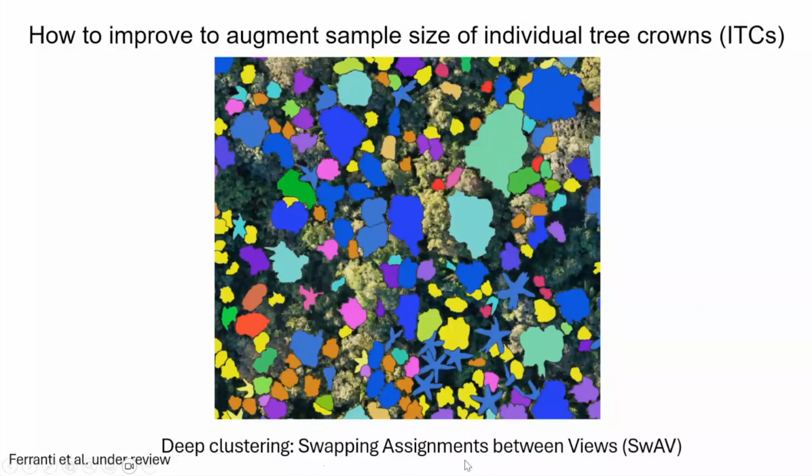This method is a deep contrastive method that is used to cluster, and it identifies different clusters of trees. And we train this model to perform an initial clustering of all trees that were delineated in the previous step.